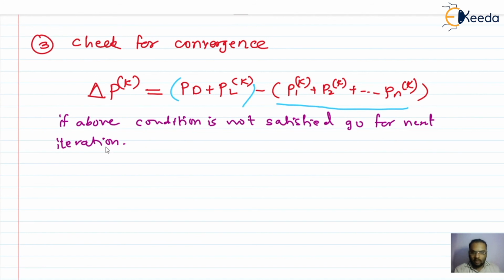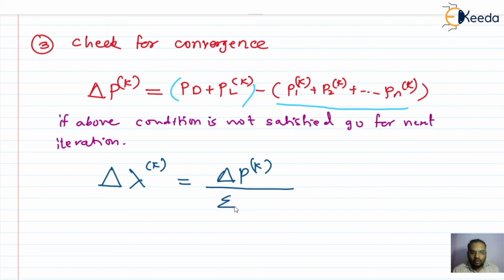So when you are asked to go for the next iteration, what you need to do is calculate the change in lambda in the kth iteration. It is simply the change in P in the kth iteration that you have already calculated here.